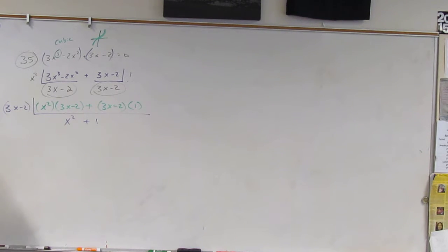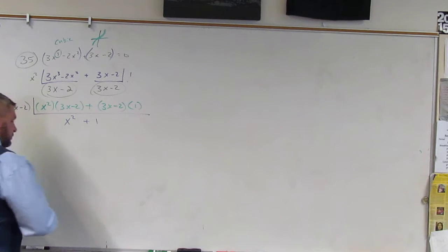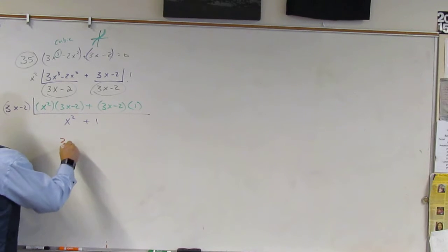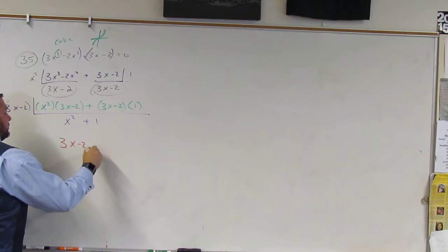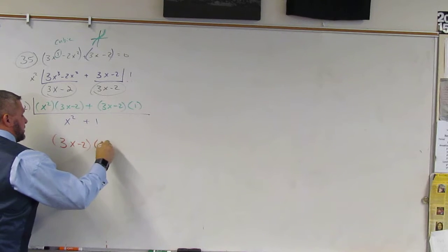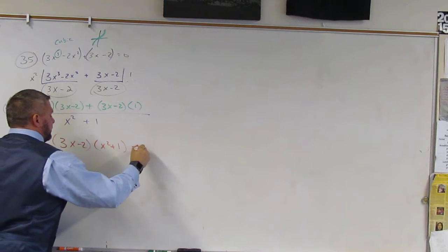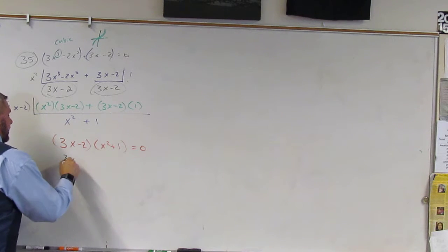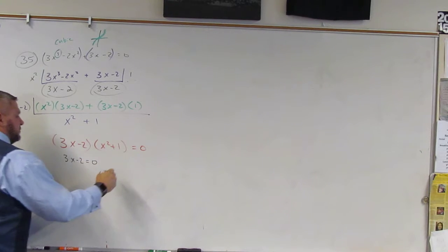Then you will have two factors. You will have 3x minus 2 times x squared plus 1 equals 0, right? So you set each factor equal to 0. 3x minus 2 equals 0.